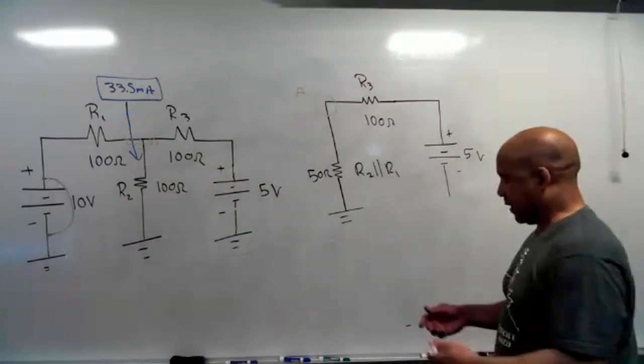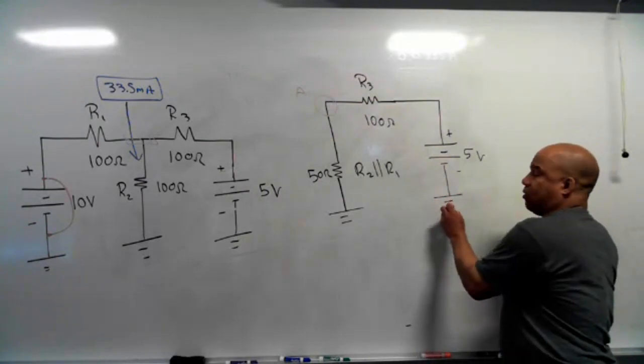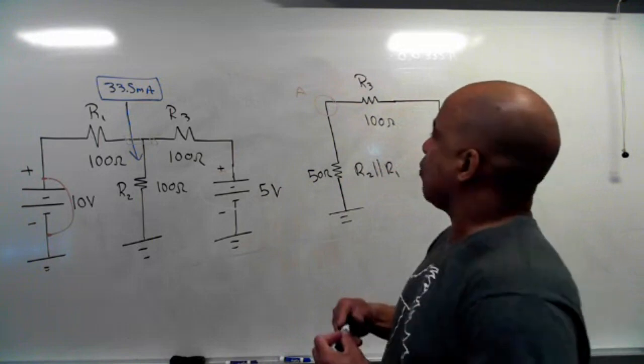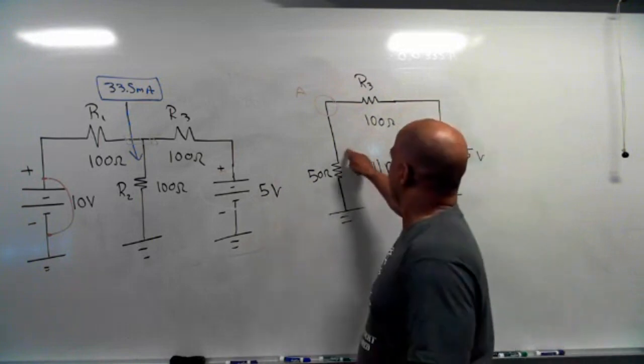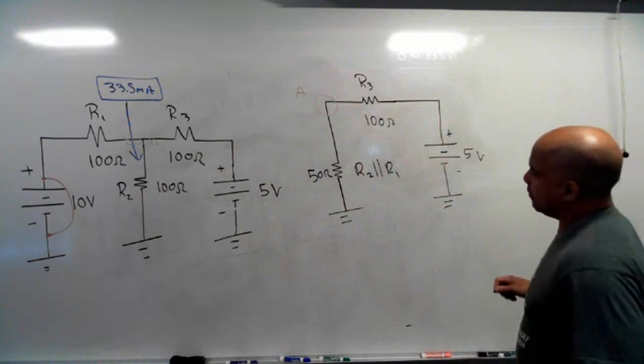So last time I solved this series circuit using Ohm's law. I'm going to do it a different way. This time we'll use the voltage divider rule, and we'll go straight to the voltage across the resistor.